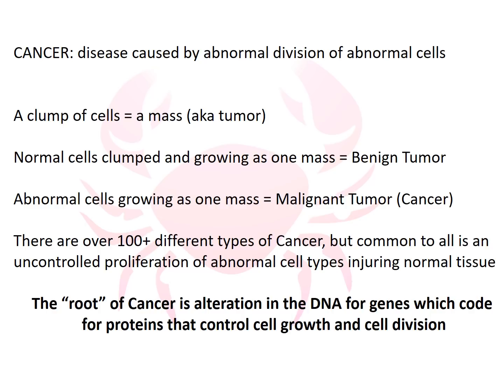It's a clump of cells growing together, making a freckle or a mole, but those cells are all normal, therefore it's not cancer. We consider that to be benign. But if we have a tumor where all the cells are abnormal and growing abnormally, then we refer to that as malignancy or cancer.